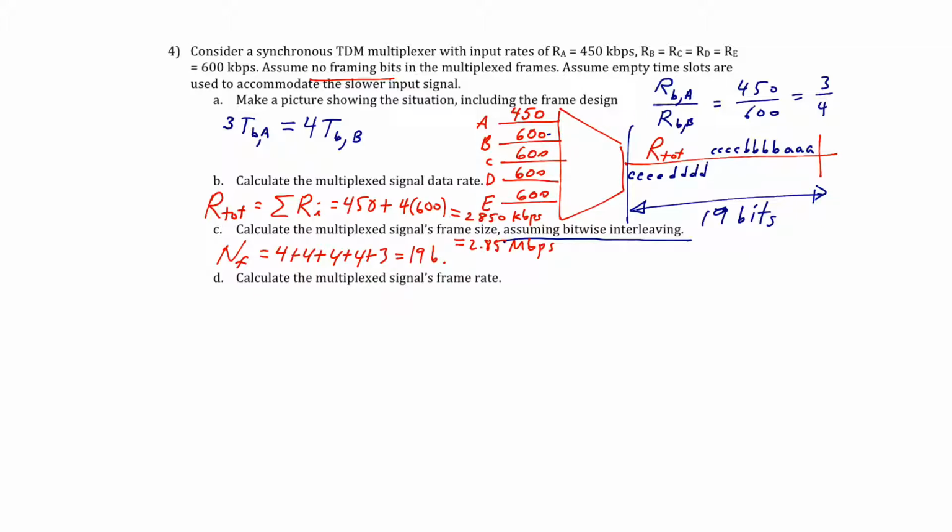And finally, the multiplexed signal's frame rate. If they all had the same rate coming in, then it would be the rate of one of the inputs divided by the number of bits per input in the frame.